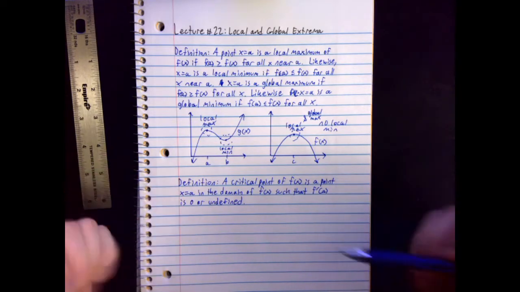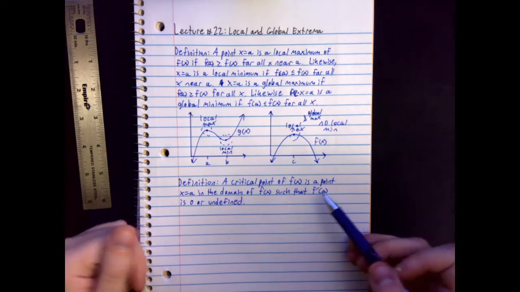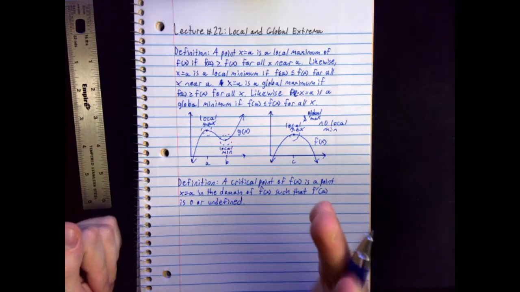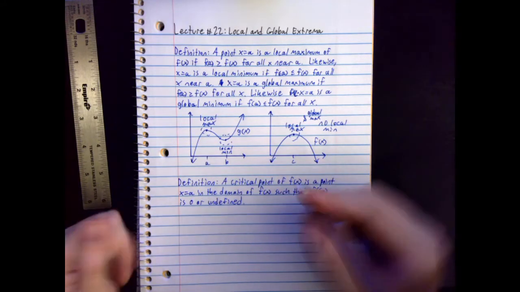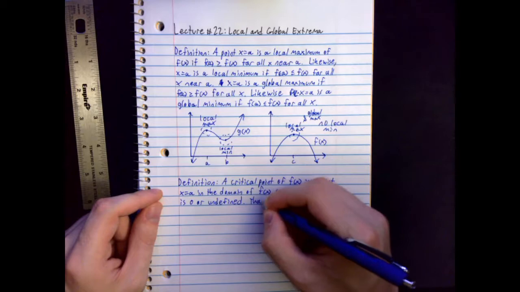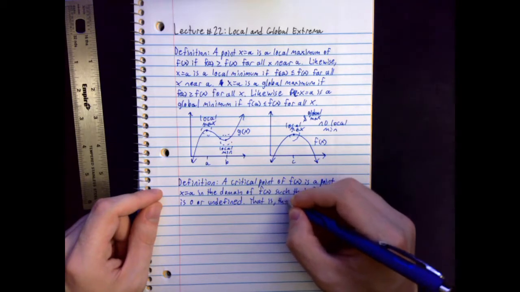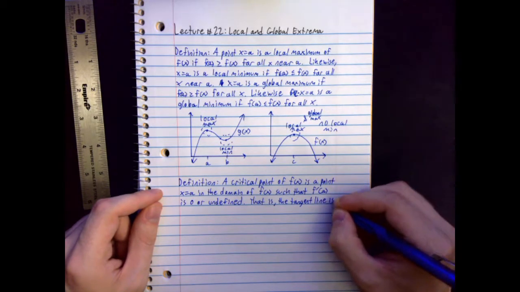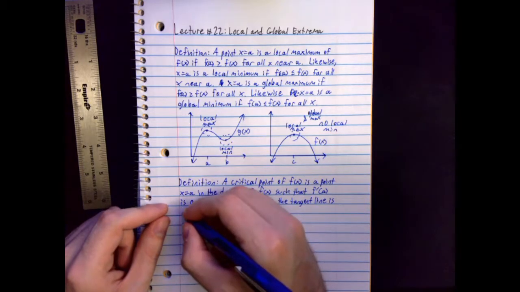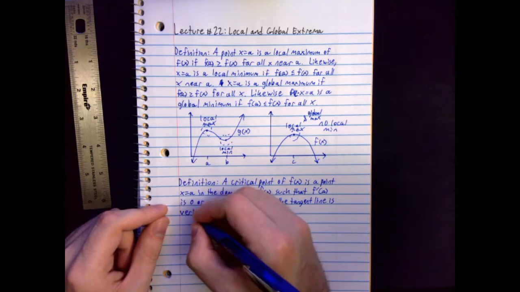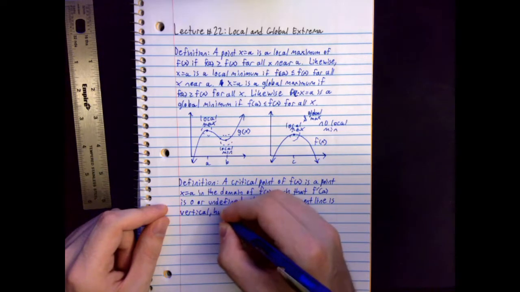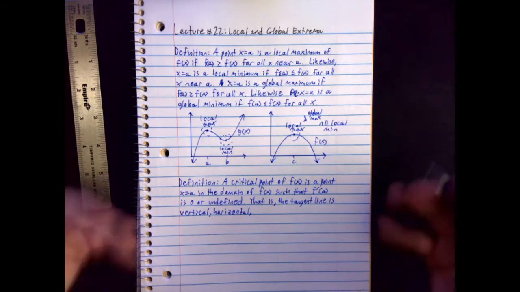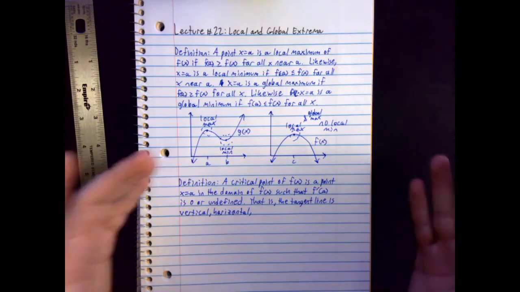And the way to think about this is a critical point is a point where the tangent line has a slope of 0 or infinity. That is, it's horizontal or it's vertical. So that is, the tangent line is vertical, horizontal, or you can have these sort of weird situations where it doesn't even make sense to define the tangent line.